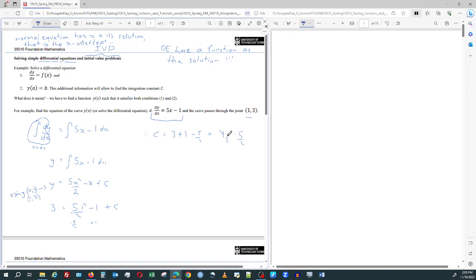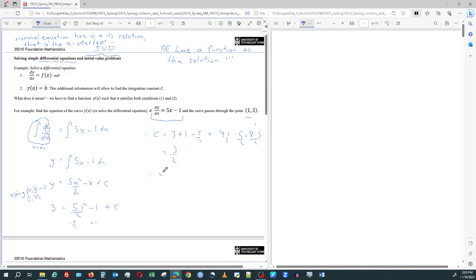We'll use our 1 in disguise, so we end up with 8 minus 5 on 2. 8 minus 5 is 3. So c is equal to 3 on 2.